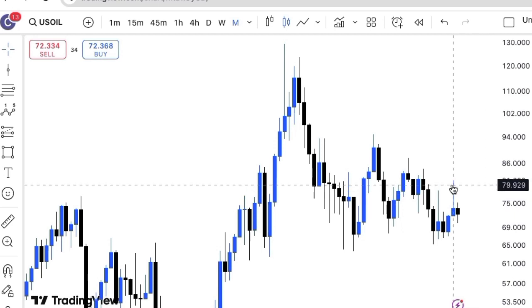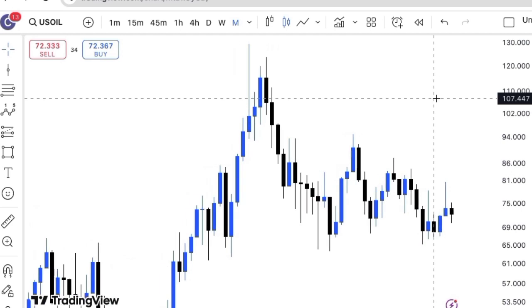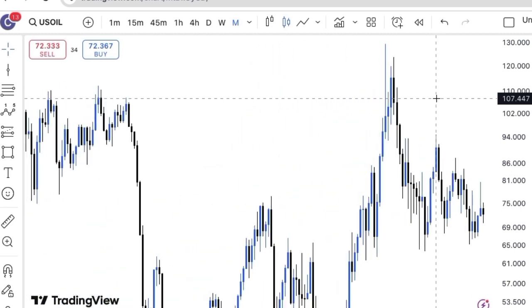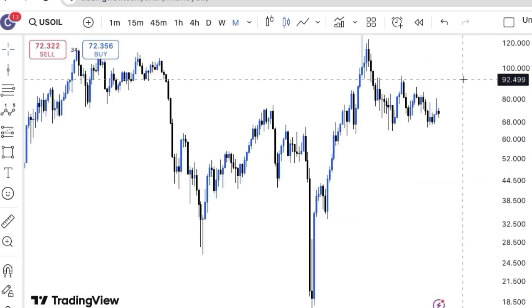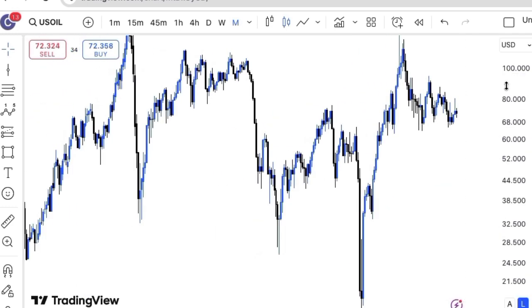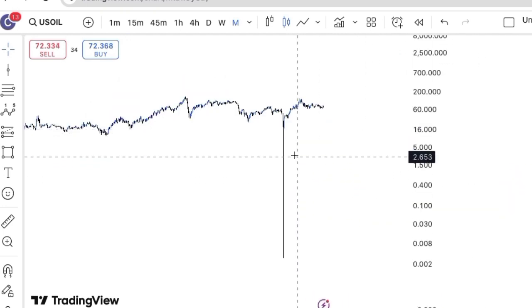Now, this is US oil and this is the monthly time frame, and what can you see happening? So let's start from the very beginning, market structure, which is top down analysis. So what can you see right now? Oh my god, can you see that wick?